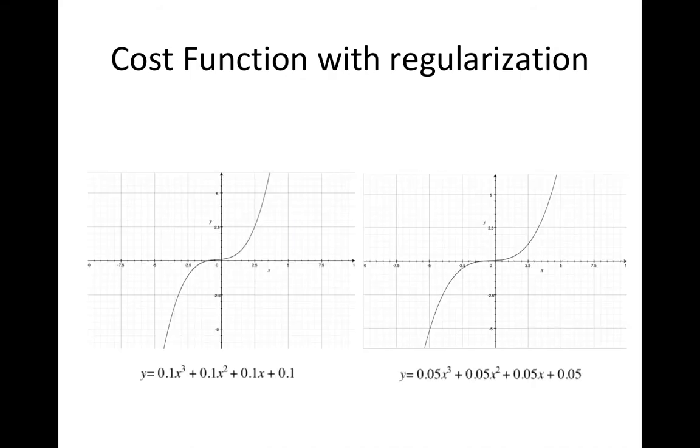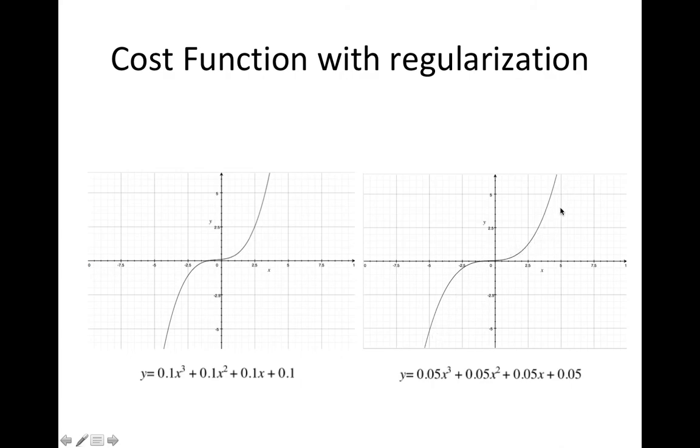For example, the left-hand side function is the original regression function, and I just changed the coefficient of the regression function. Like it was 0.1, but I changed it, giving just half the size of the coefficient. And what's the difference here? The original function was like this, but if I give half the size of the coefficient, the line is a smoother line than the original function.